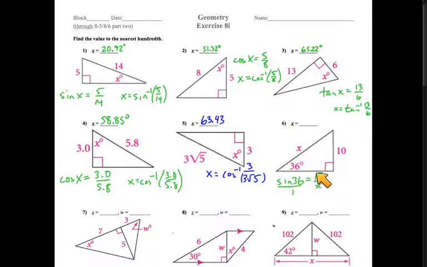When you have the variable in your ratio here, this is where we should make this a proportion, where we should either cross multiply to get x over 1, or switch the extremes. In this case, I need to switch the extremes to put the x over the 1 and the sine of 36 on the bottom. So x equals 10 divided by sine of 36. Type that into your calculator.